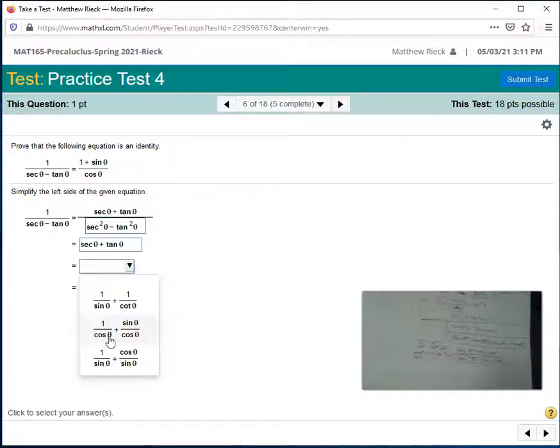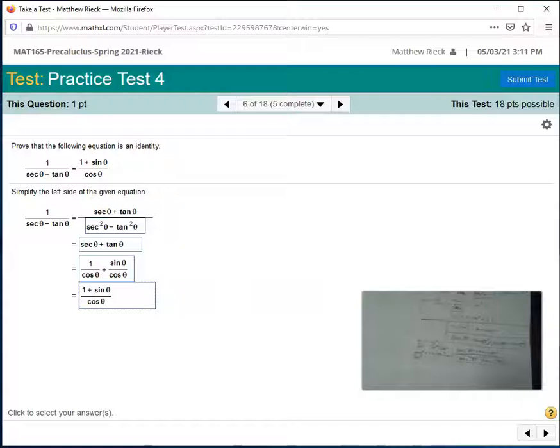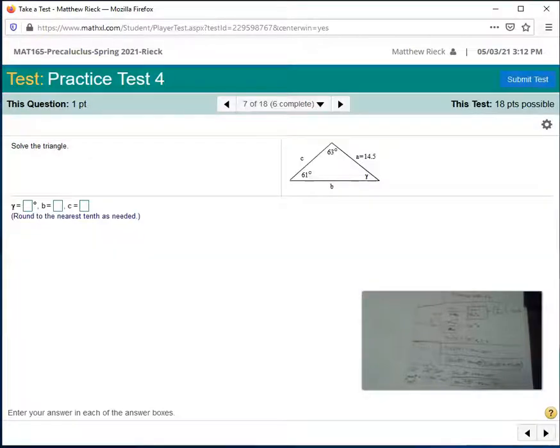So what we're left with is 1 over cosine of theta plus sine of theta over cosine of theta. Which we can add the fractions, and we end up with 1 plus sine theta over cosine theta, which is what we were trying to show. All right. That was a little bit more difficult than the previous ones there.